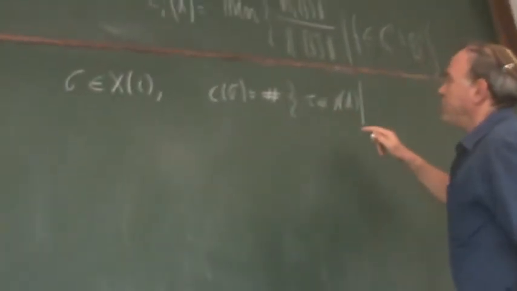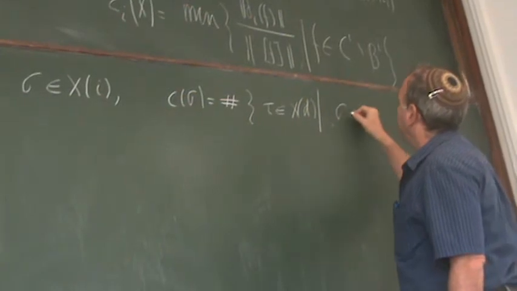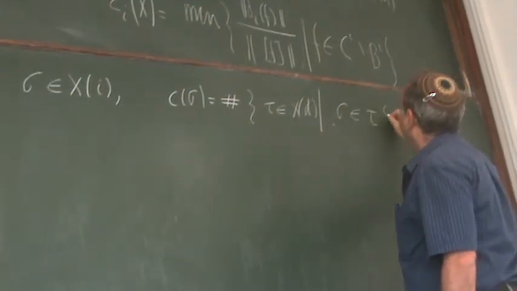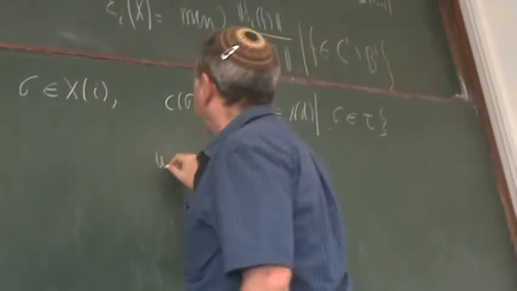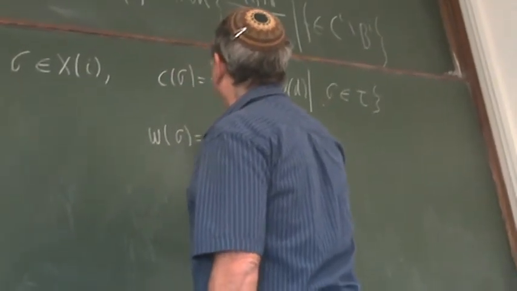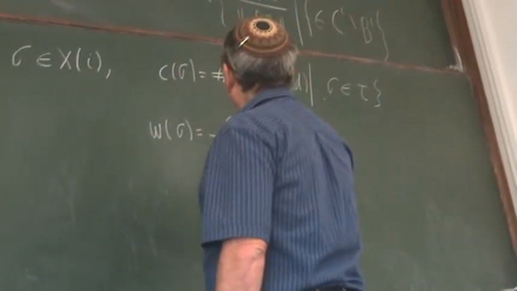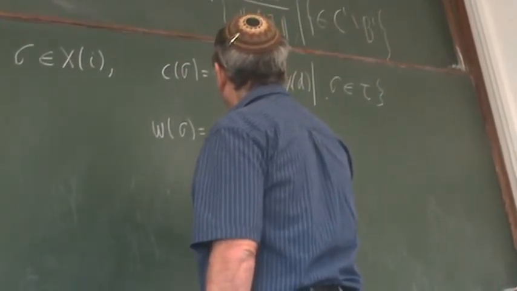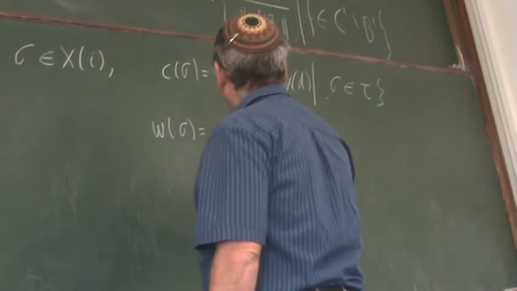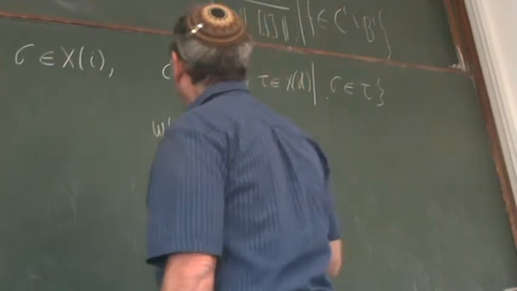The weight of σ is C(σ) divided by (d+1 choose i+1), divided by the size of X(d), which is just a question of normalization.